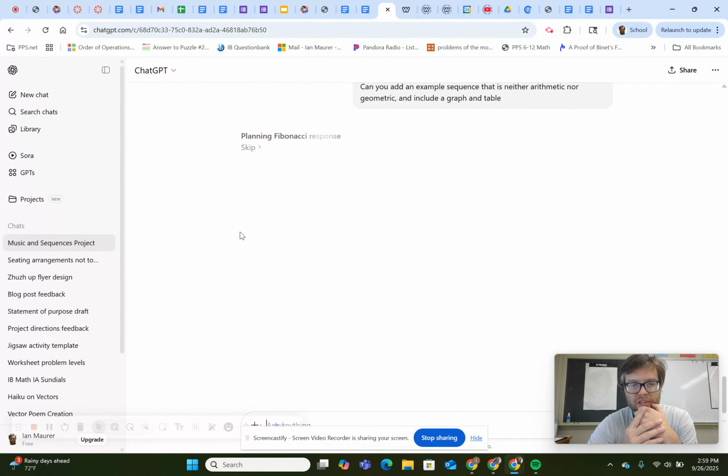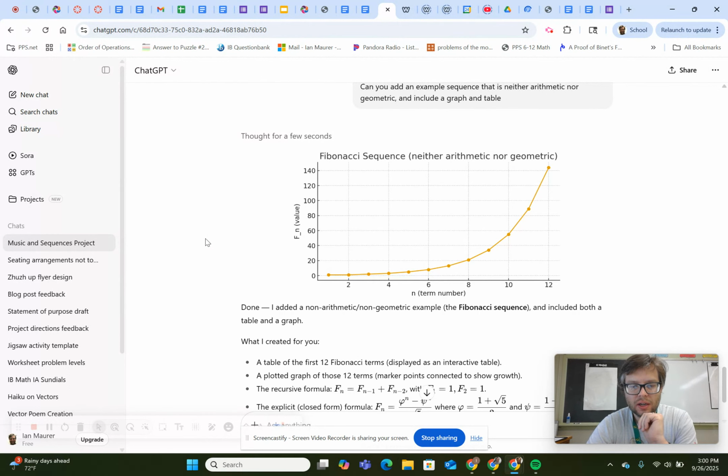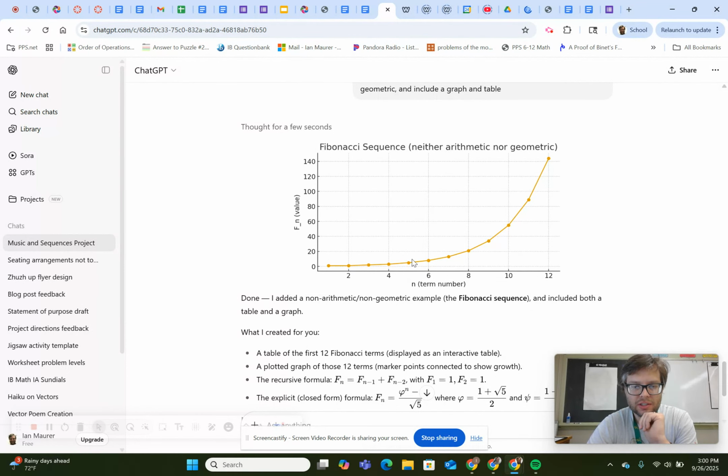Ooh, that one made ChatGPT think a little bit. Well, this is taking a little longer. It's making the AI think. It's funny that it's thinking this long because there are lots of sequences that are not arithmetic or geometric. All right, so it went with the Fibonacci sequence.